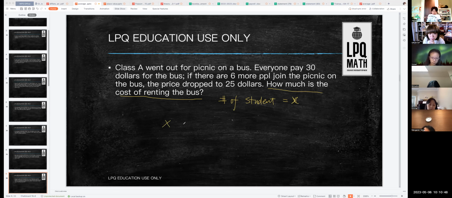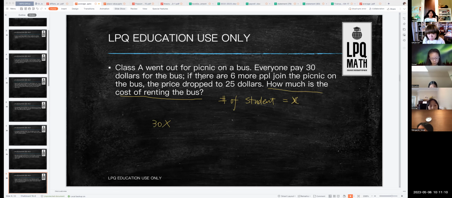So how much is the bus cost? $30, yes, everyone pays $30, but there are X people. With X people, how much do they pay in total? 30x. Very good, Emma. Good job.